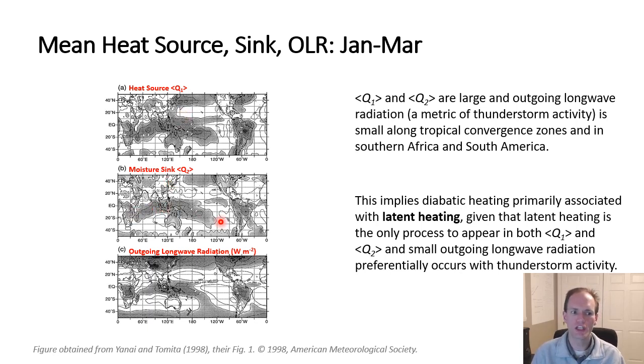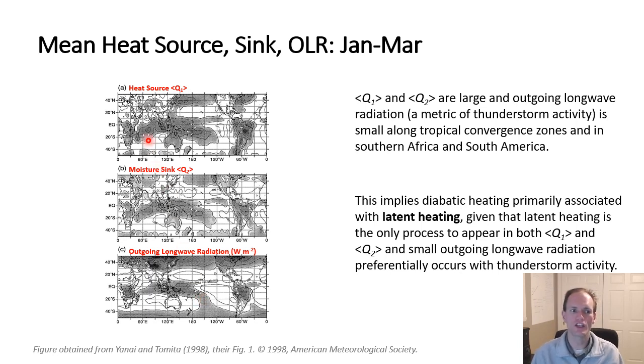We have large Q2, which implies that we have strong latent heating taking place. We have net precipitation falling out, which implies that there is substantial condensation taking place. Condensation can only occur if we have ascending motion lifting a parcel to condensation. This low set of outgoing long-wave radiation through these gray shadings that we see here also implies the presence of clouds and/or thunderstorms.